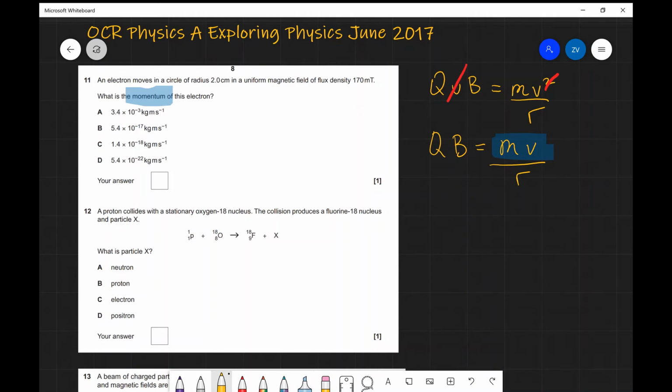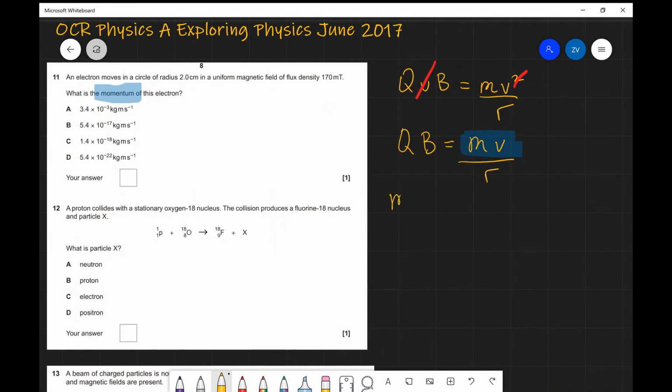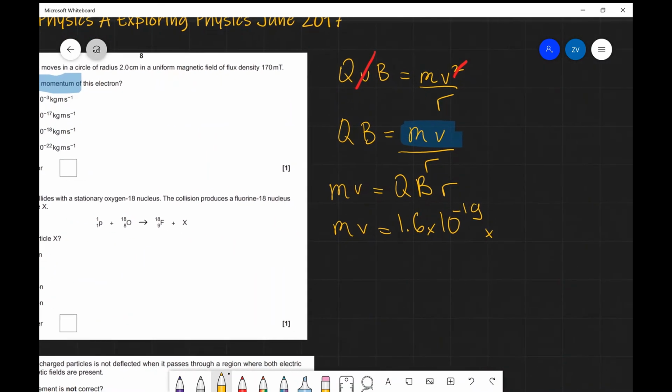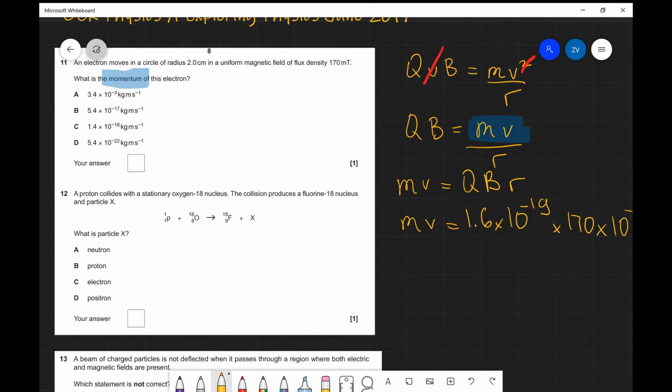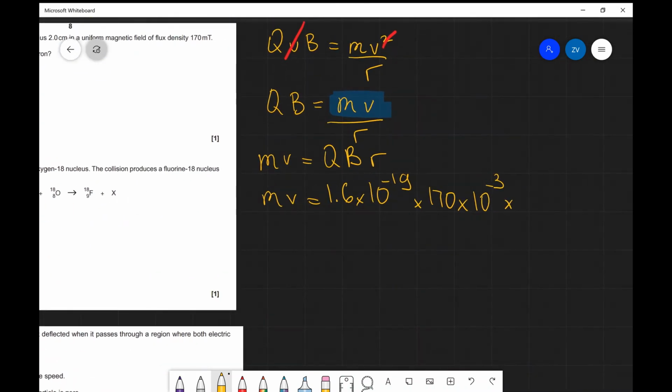So mv is going to equal QBr, and the momentum mv is going to equal Q, which is the charge of the electron, 1.6 times 10 to the power of minus 19. Now we're going to have to be quite careful with the units. The magnetic flux density is 170 milliteslas. Remember, milli is 10 to the power of minus 3, so 170 times 10 to the power of minus 3. And r is given in non-standard units, so that's 2 centimeters, so I'm going to times that by 2.0 times 10 to the power of minus 2.